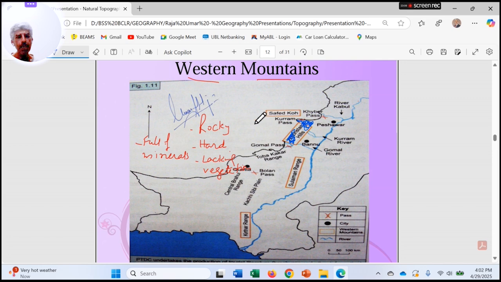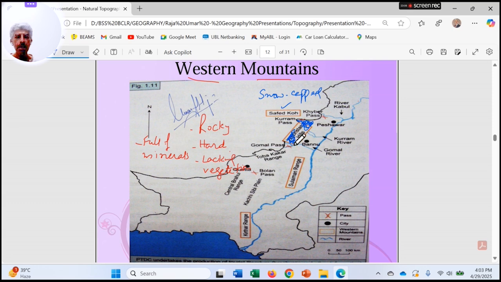So that's why this region is named Safed Ko, snow-capped mountains, white snow, right? That's why they are named like this.